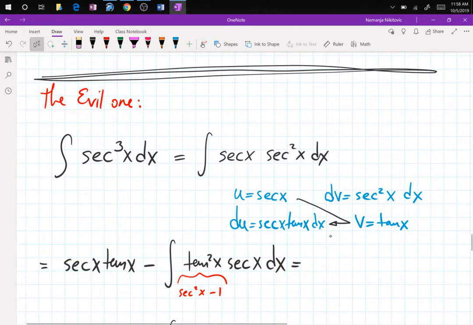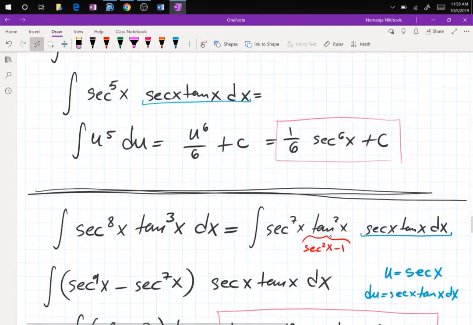Is that u-sub immediately done, right? So the difference between secant to the third and secant to the fourth is huge. And this is why I say it's experience. You're going to go and memorize every single example? Hell no. But the good thing is that the bag of tricks is finite. And the bag of tricks, here it is.